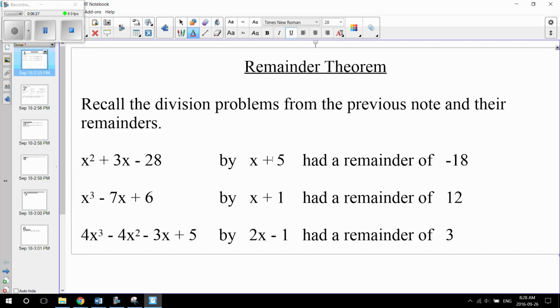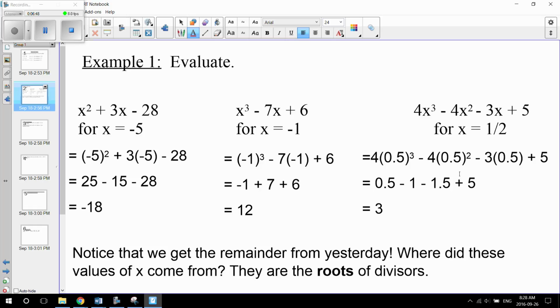Hopefully you remember when we looked at synthetic division yesterday, when there was a value in front of that x, we had to rearrange it, and that would have given x minus a half, which is why we plug in a positive a half.